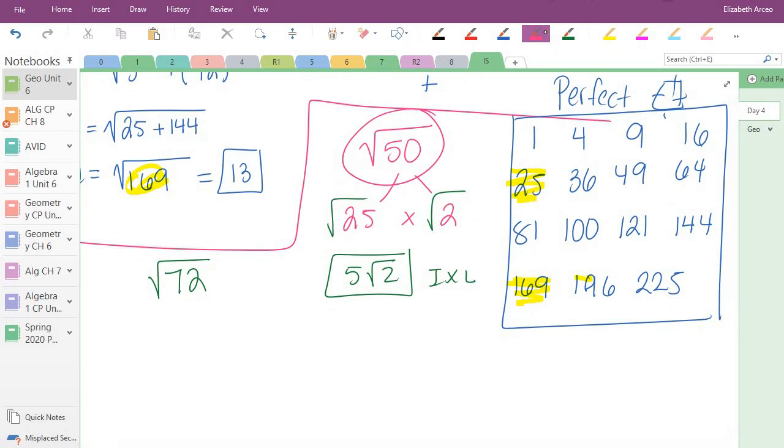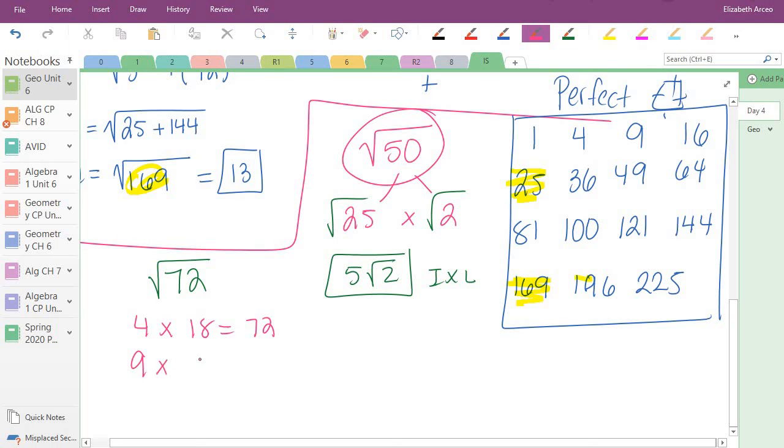So this one's tricky because there's a lot of numbers that divide into 72. So we know that 72 is divisible by 4. So 4 times 18 gives you 72. Another number that gives you 72 is 9 times 8, right? And then we also know that 36 times 2 gives you 72.